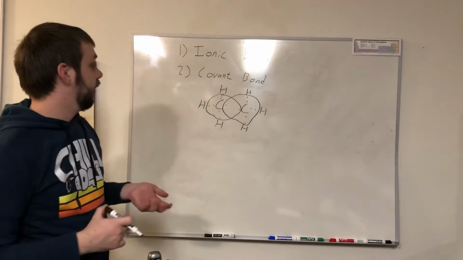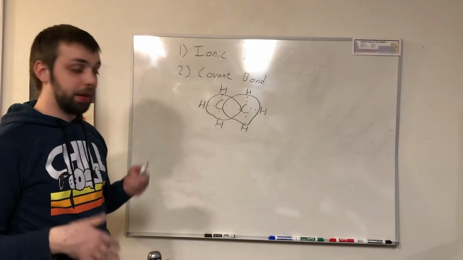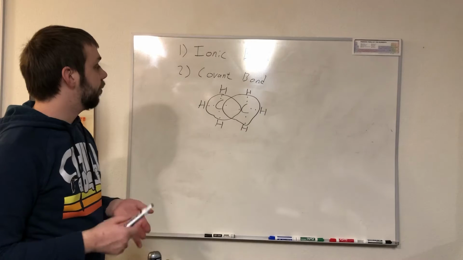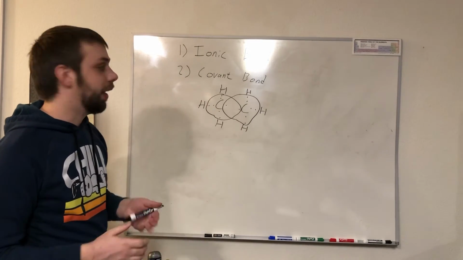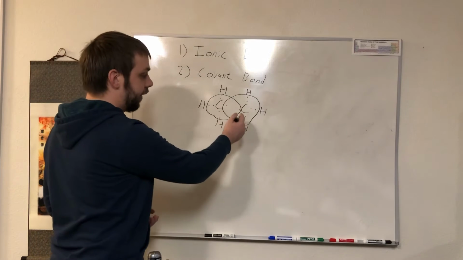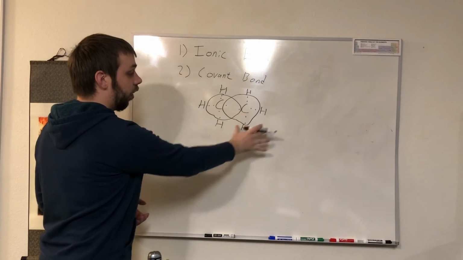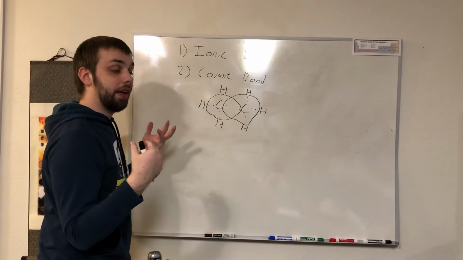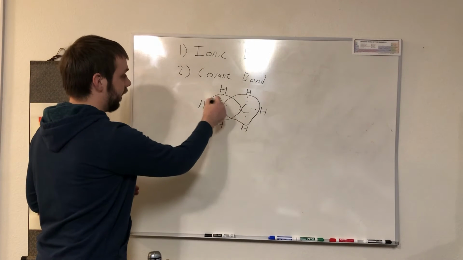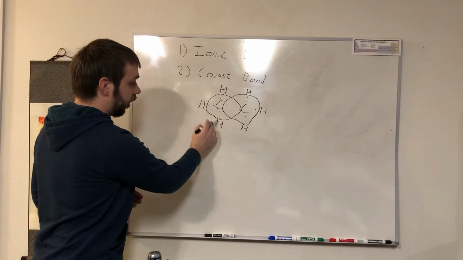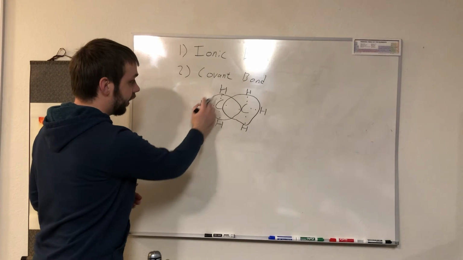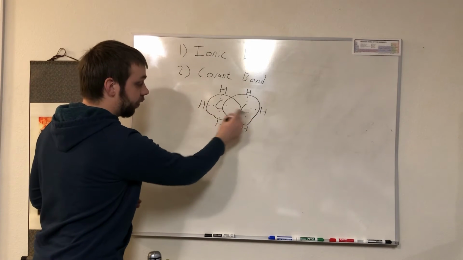Now, if you had siblings, you might know that sometimes when you're told to share something, it's not exactly a 50-50 split. In this case, it will be, because the carbons are electrically identical. If you look at the electron environment here, they are all bound to hydrogens, and they're bound to each other.